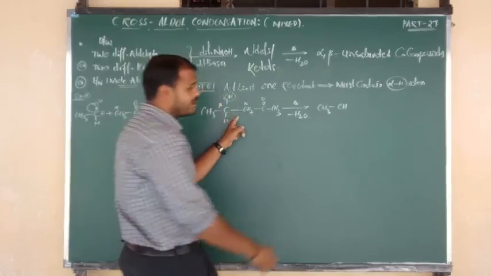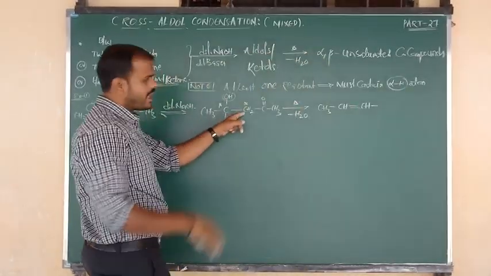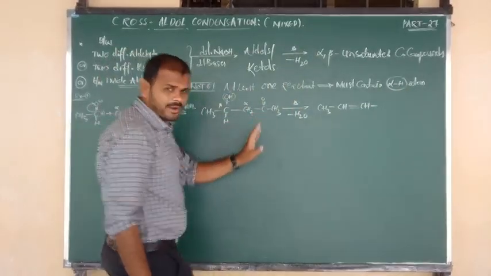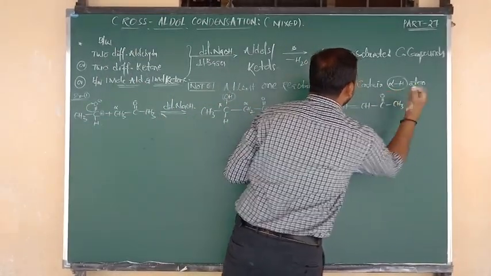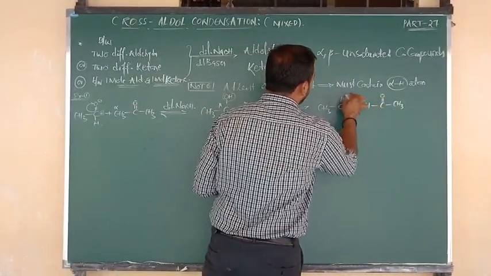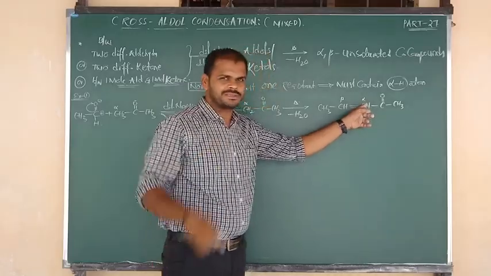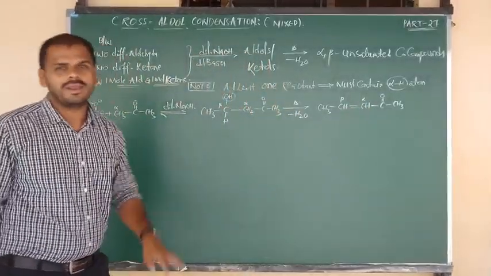After the loss of water between alpha and beta, the single bond becomes a double bond. I have written CH, next C double bond O, CH3. So the functional group's adjacent carbon is alpha, and alpha's adjacent is beta. This is nothing but an alpha beta unsaturated ketone compound, or carbonyl compound.